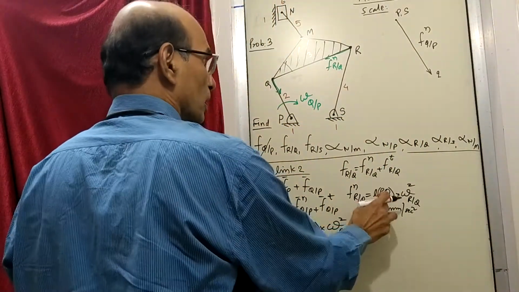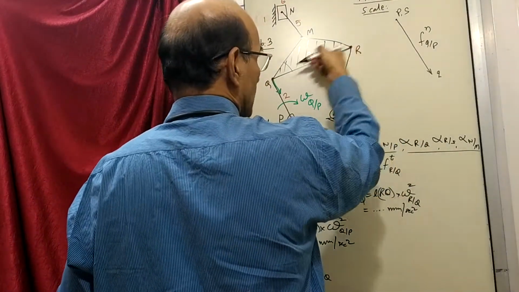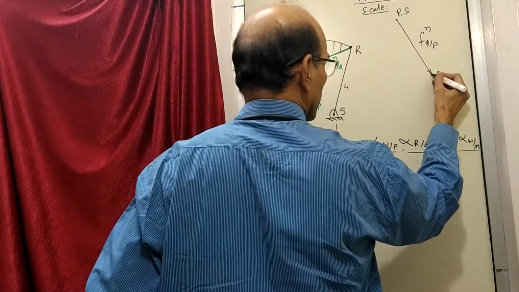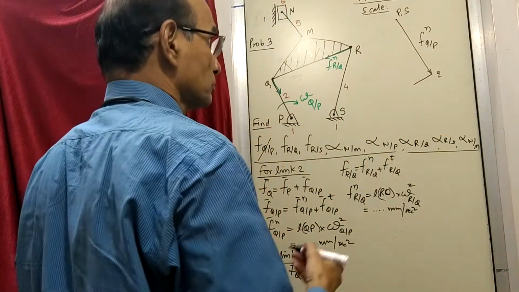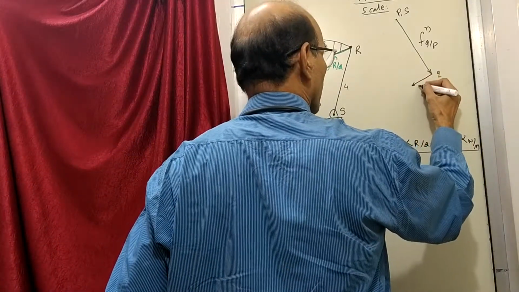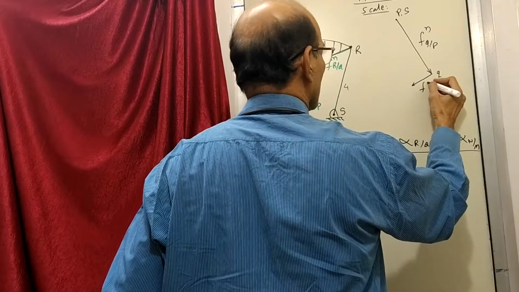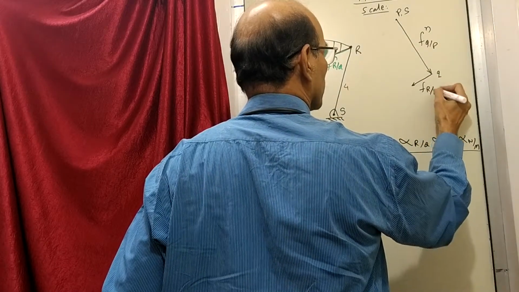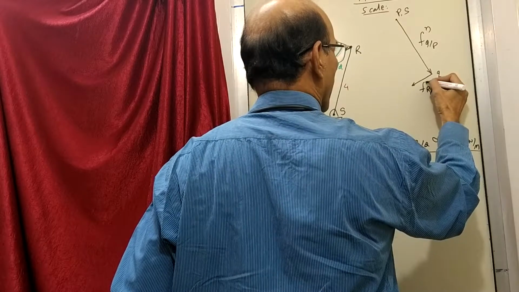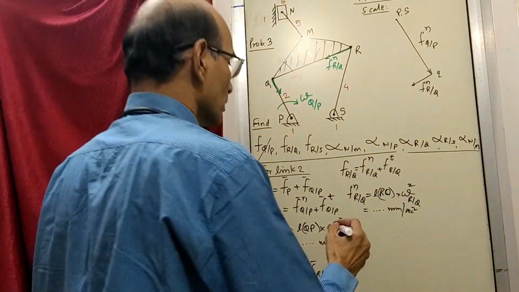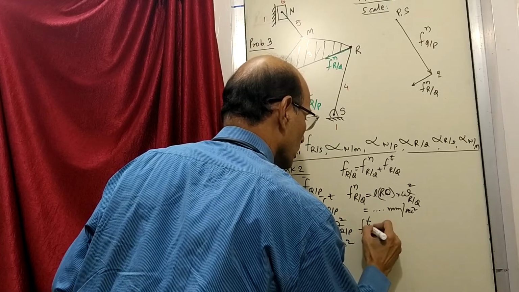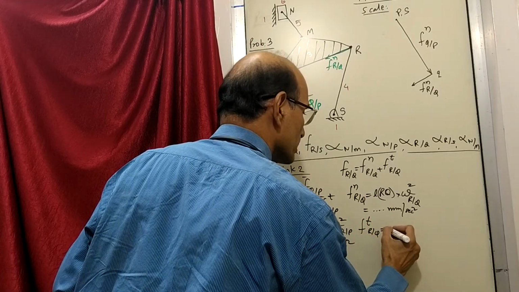So this vector we draw from here along this line, parallel. So maybe I'll draw it something like this, calling it R with respect to Q, normal component. This one. Then comes the tangential, which is R alpha.